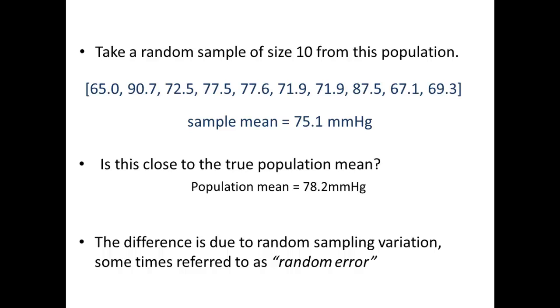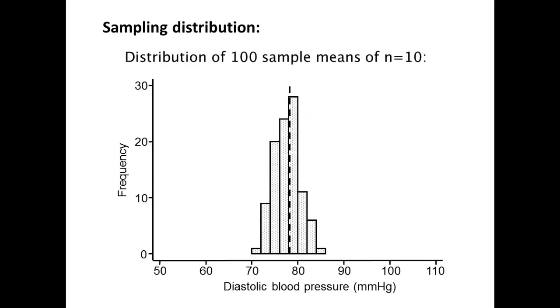So if we keep taking independent random samples of size 10, extract that sample mean and keep doing it and plotting their distribution, we can see what this sampling variation or random error due to sampling variation looks like in our study. The distribution of these sample means or point estimates gives us their sampling distribution. This is what the sampling distribution looks like after 100 samples.